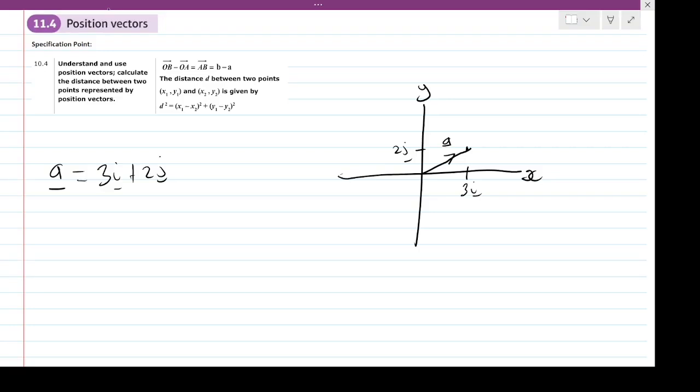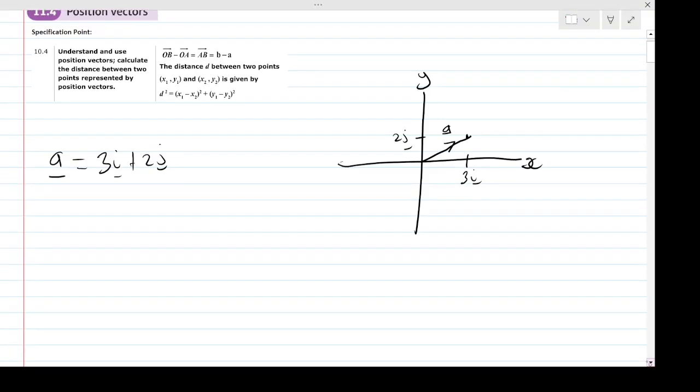Now, this is a vector, but actually this is what we call a position vector. A position vector is basically just a coordinate. As another example, let me draw another, smaller grid down here. Say we had the point 4, 2, just a normal xy coordinate.